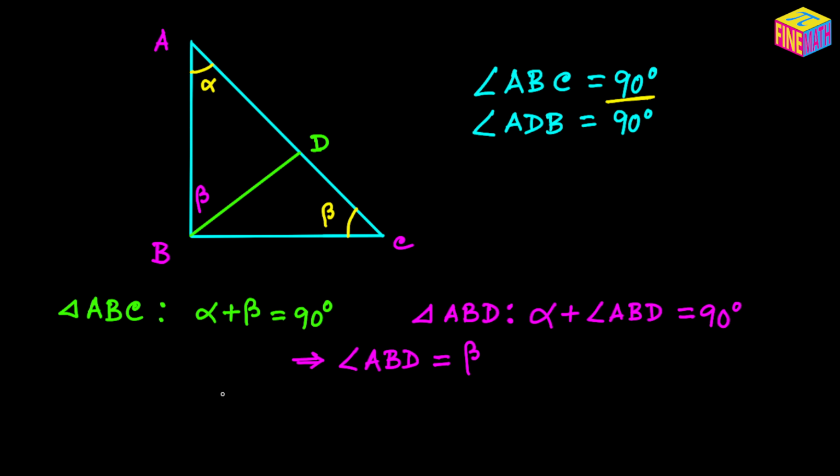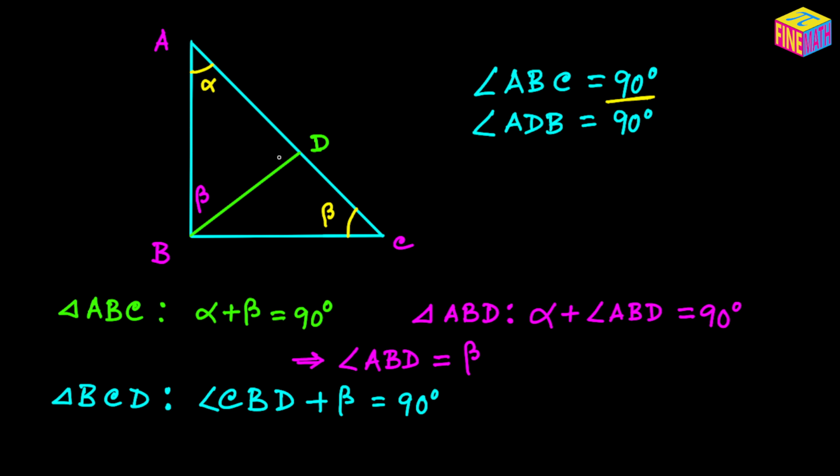Now let's do a similar thing between the original triangle and the triangle BCD. For BCD, can we say that angle CBD plus beta is equal to 90 degrees? Because angle CDB is already a right angle. We have drawn a perpendicular onto the hypotenuse.